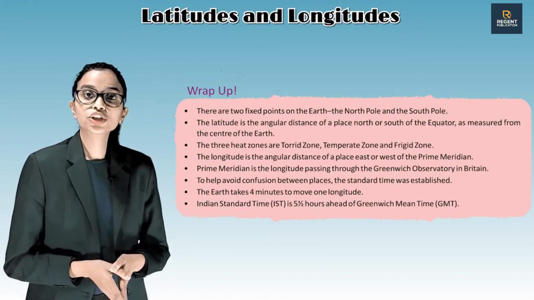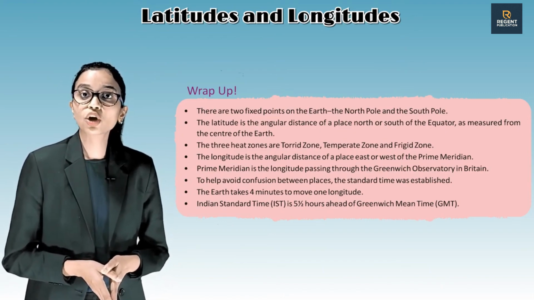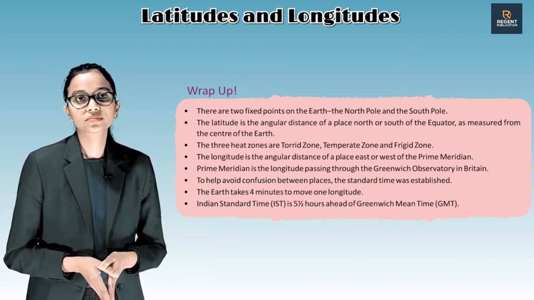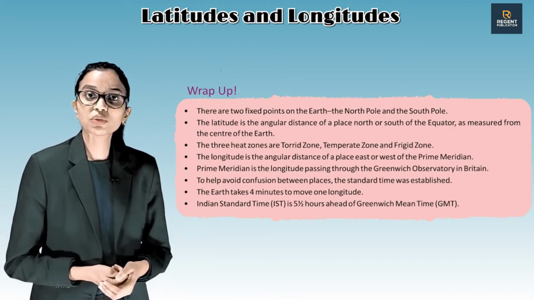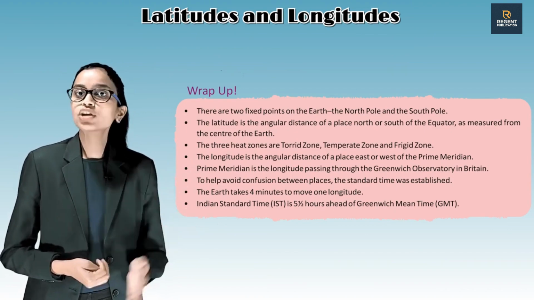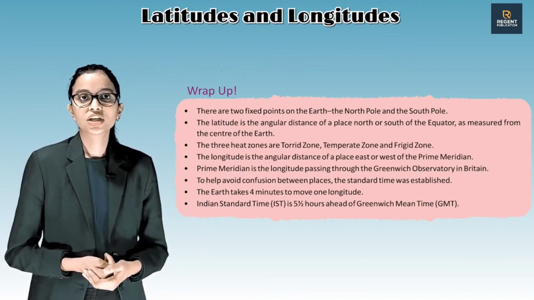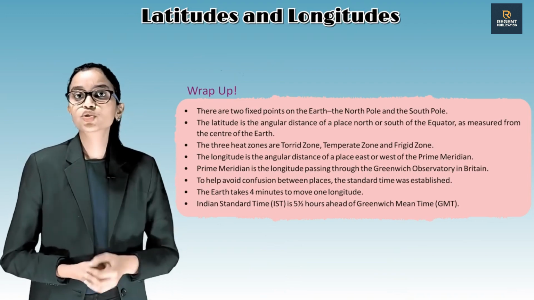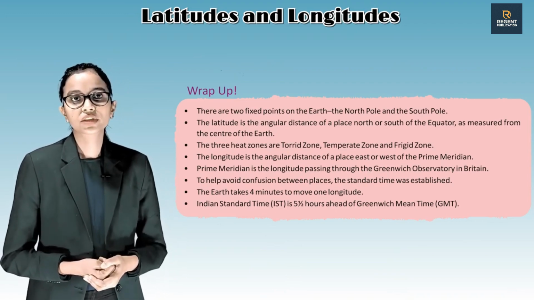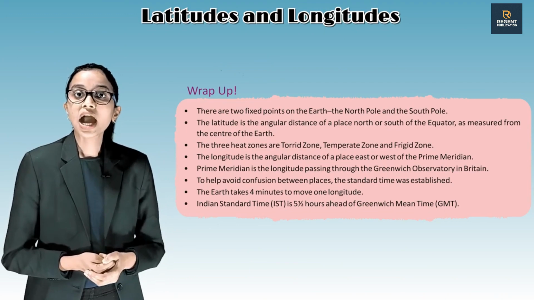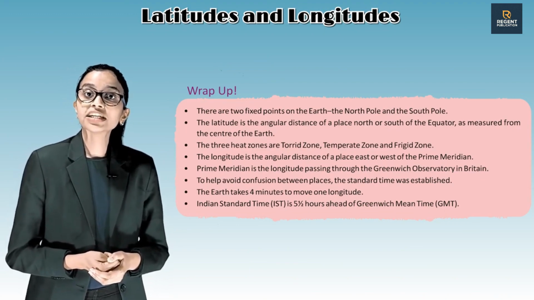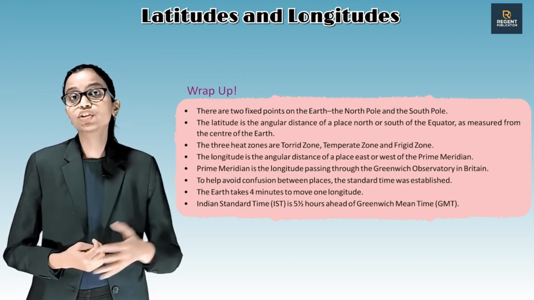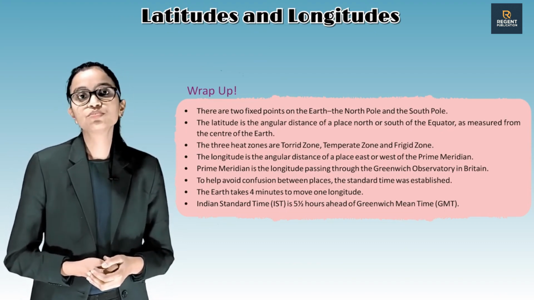Prime meridian is the longitude passing through the Greenwich Observatory in Britain. To help avoid confusion between places, the standard of time was established. The earth takes 4 minutes to move one longitude. Indian Standard Time, IST, is 5.5 hours ahead of Greenwich Mean Time, GMT.